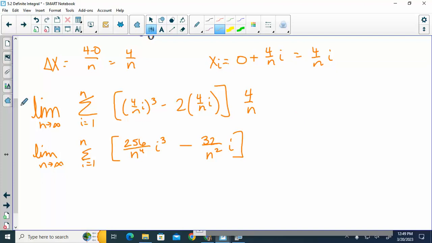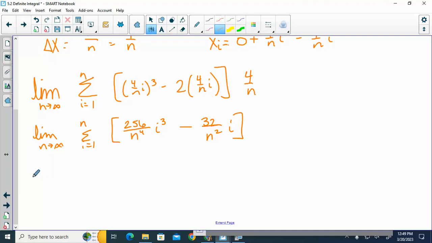And then what did we do? Yeah. So the i cubed formula is n squared times n plus 1 squared over 4, minus 32 over n squared.